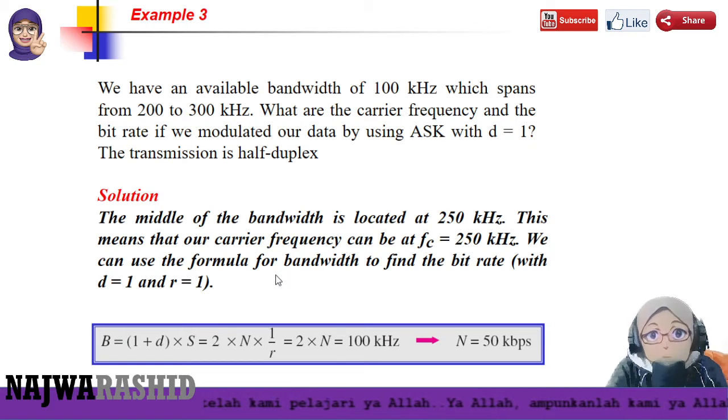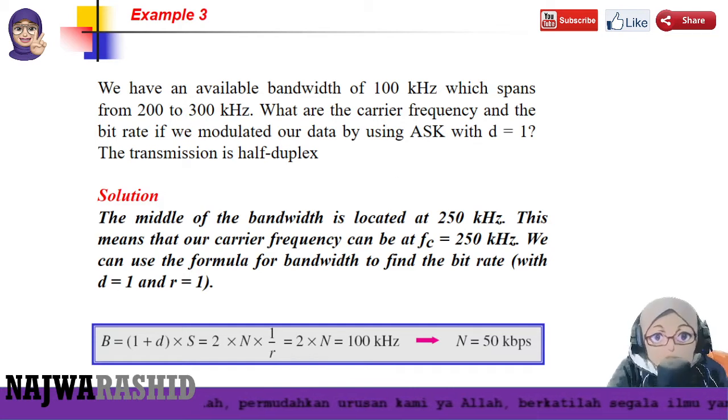We can use the formula for bandwidth to find the bit rate with D equal to 1 and R equal to 1, because we are using ASK. How to calculate the bandwidth?